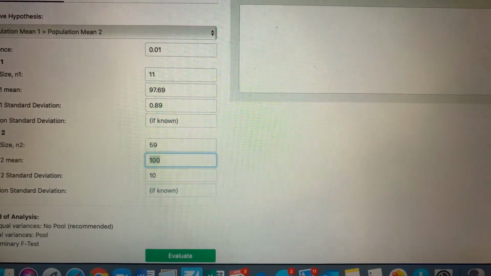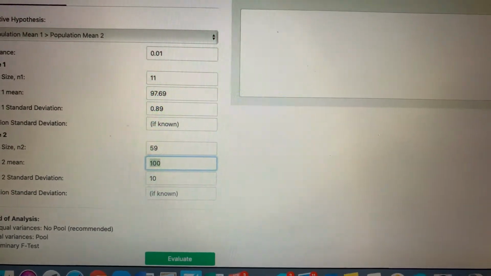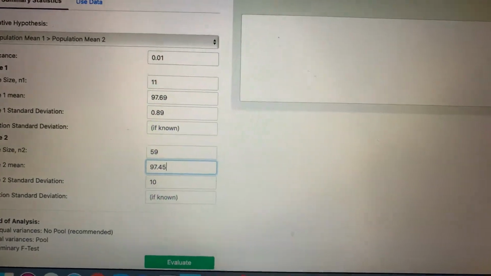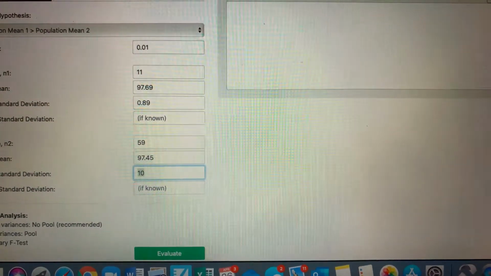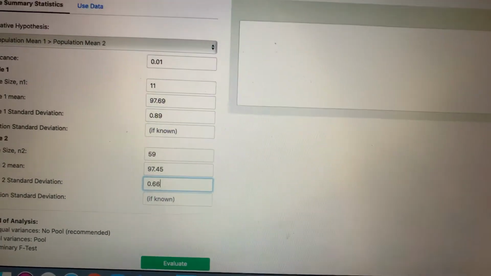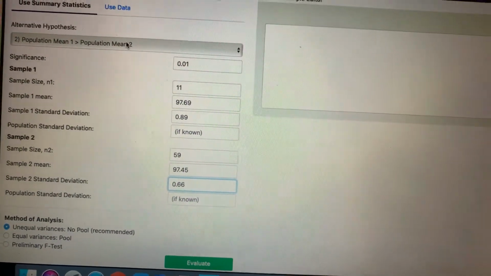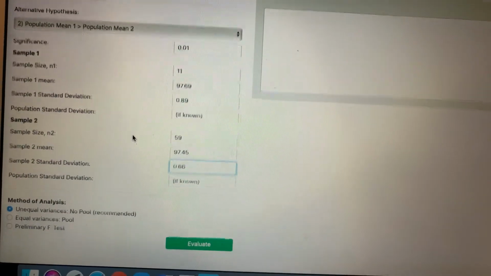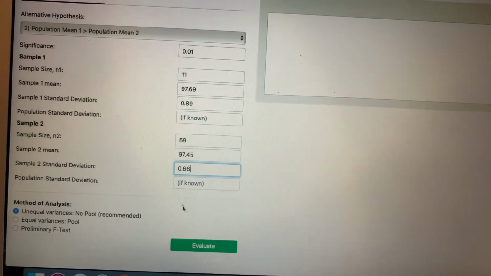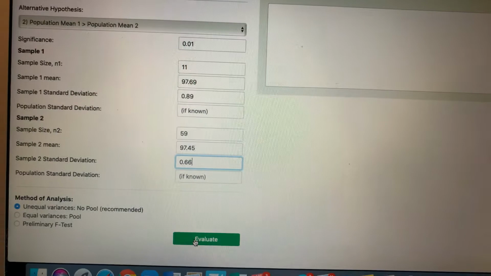And then their sample mean is 97.45, and their sample standard deviation is 0.66. Okay, I've got all the information I need. Notice again, I've changed my alternative hypothesis. That is the most important part. Otherwise, the p-value is wrong if you don't change that alternative hypothesis to match what you have on your paper.